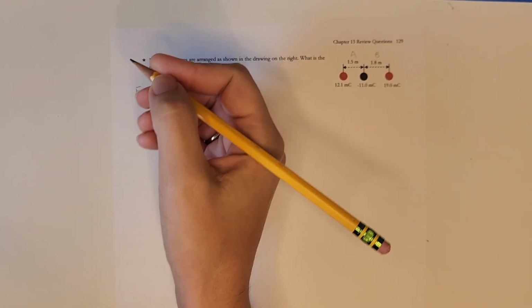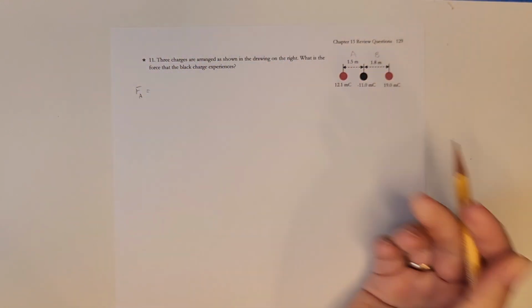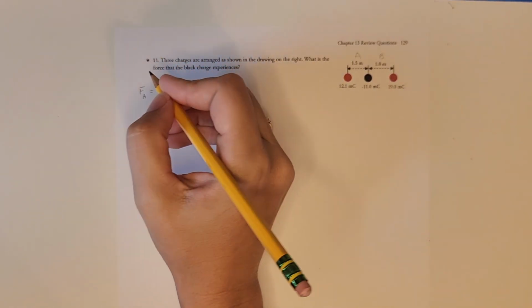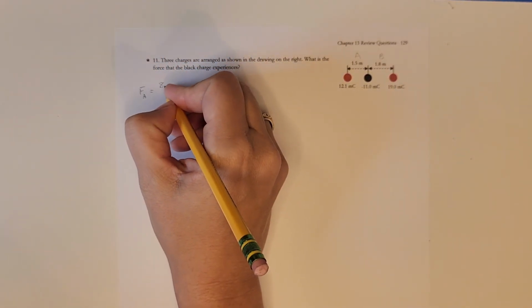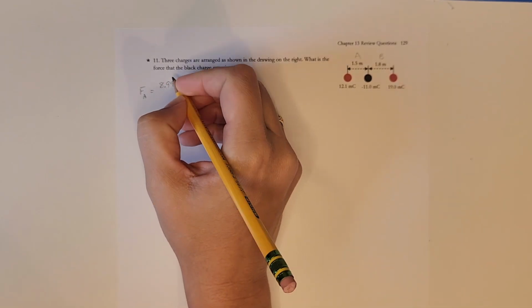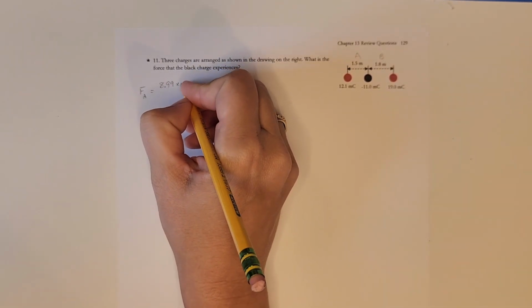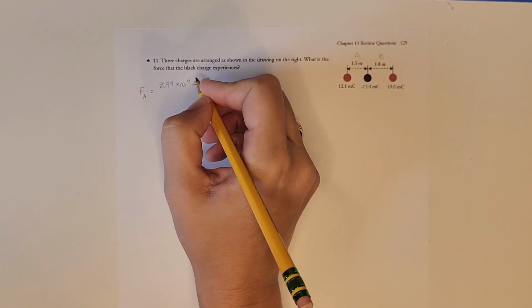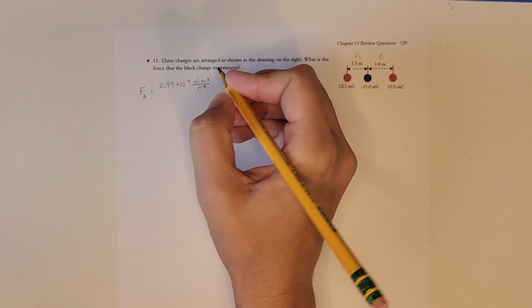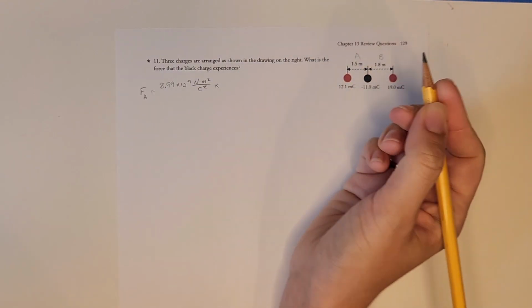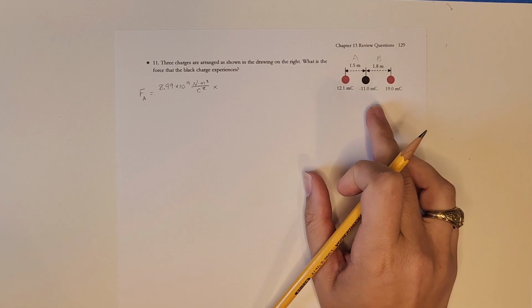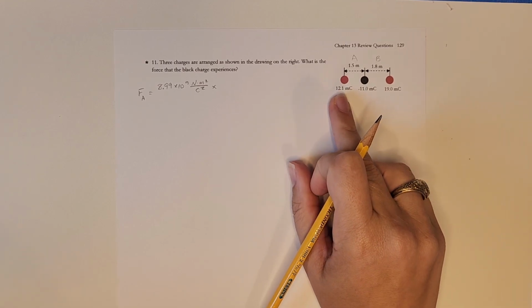is, we're just going to use Coulomb's law. Okay, so plugging in Coulomb's constant, 8.99 times 10 to the 9th newtons times meters squared per Coulomb squared, times our first charge, we'll go ahead and put our red charge.